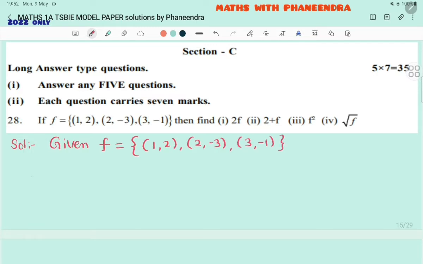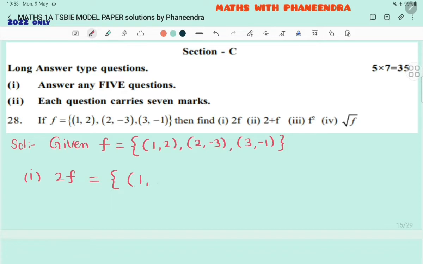In this first question, they are asking 2f. That means here (1, 2) means 1 is in domain, 2 is in codomain. So to get 2f, for codomain values you have to multiply by 2. So that is the meaning of 2f.